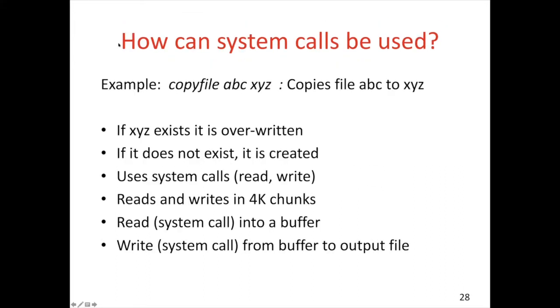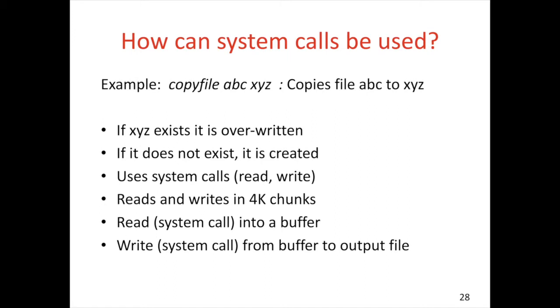Now we will see an example of how system calls can be used. For example, assume that on the command line it is written copy file abc xyz. This command copies file abc to xyz. If xyz exists, it is overwritten.